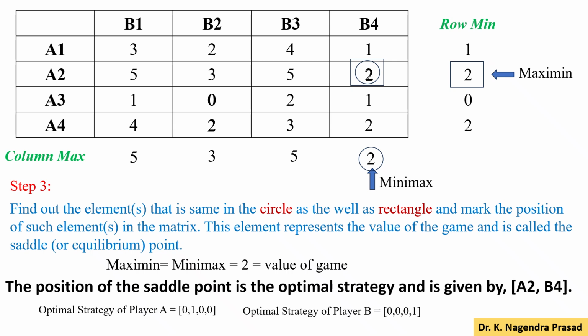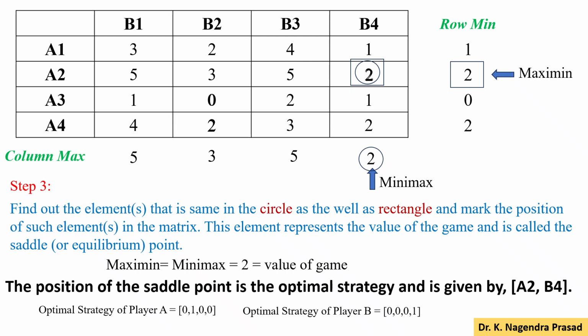So player A will select only the second strategy and player B will select only the fourth strategy. So the optimal strategy of player A is 0, 1, 0, 0 and the optimal strategy of player B is 0, 0, 0, 1.